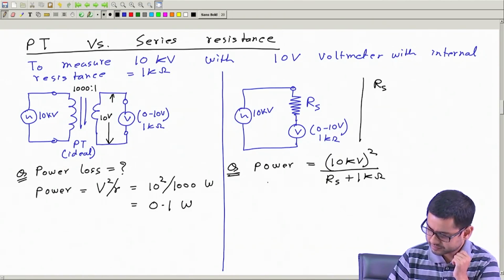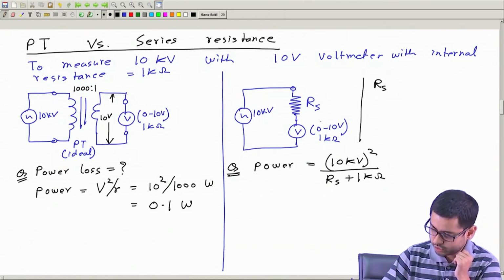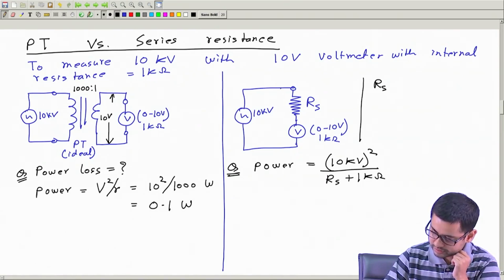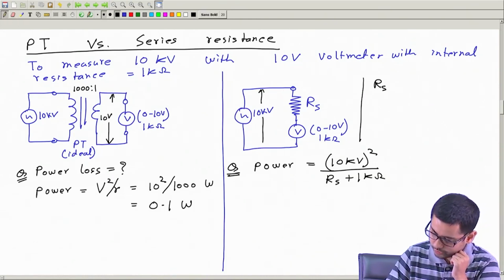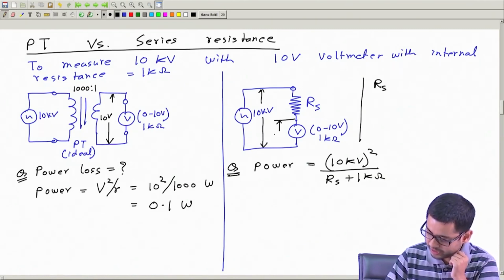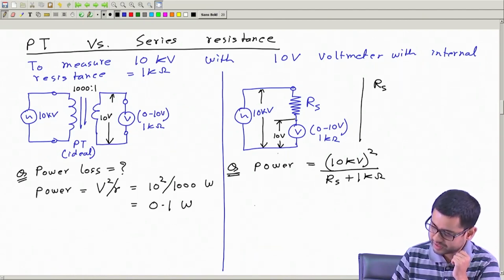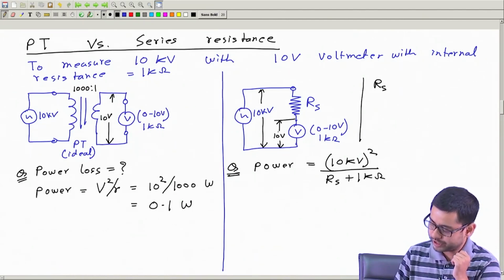Rs should be, okay, so the voltage from here to here is 10 kilovolt. But between these 2 points the voltage should be only 10 volt, because the voltmeter can measure only up to 10 volt.